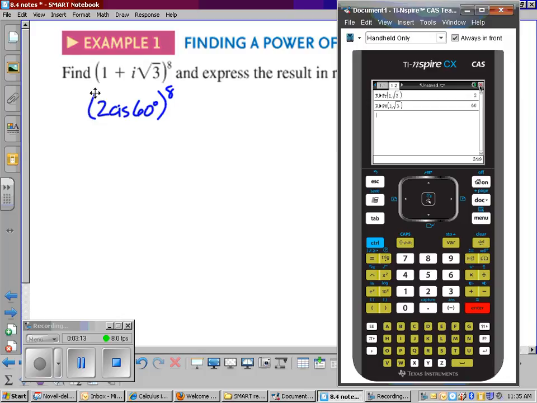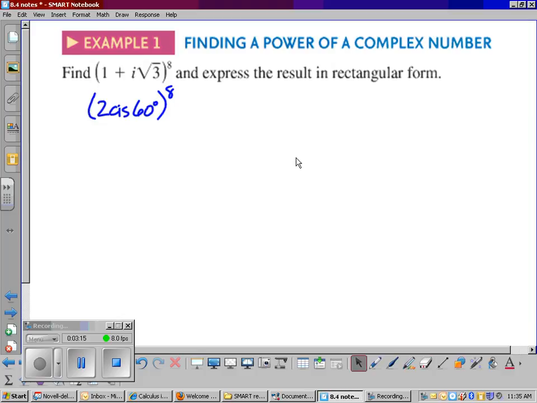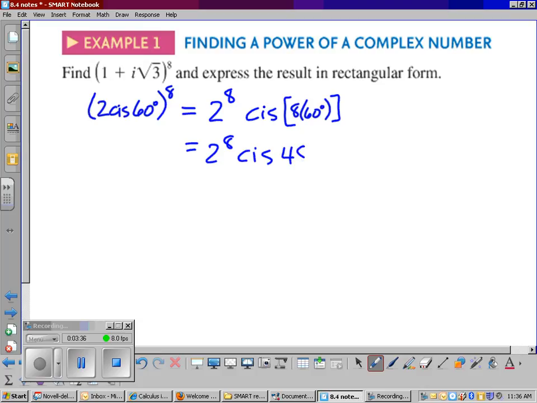Now that it's in polar form, I can use the theorem from the previous slide, and I know that the r of 2 is going to be raised to the 8th power, and then I'm going to have CIS, and the angle 60 is going to be multiplied by 8, which gives me 2 to the 8th CIS 480 degrees.